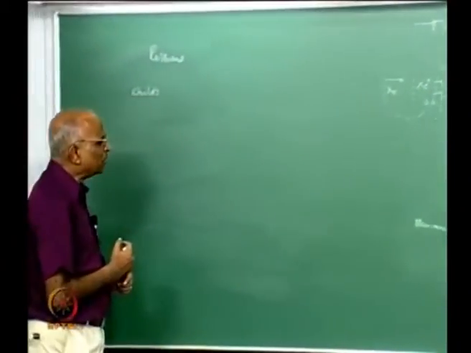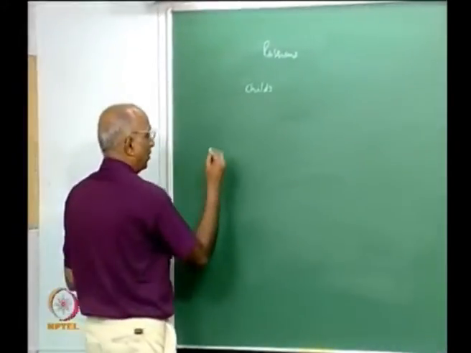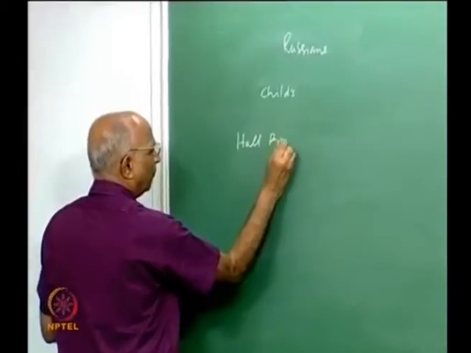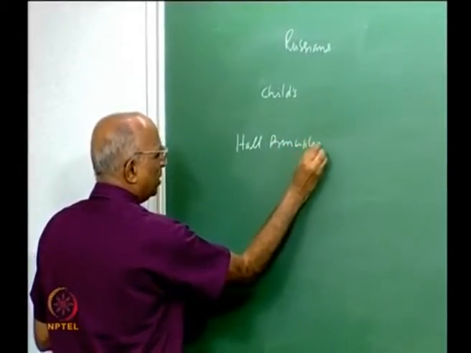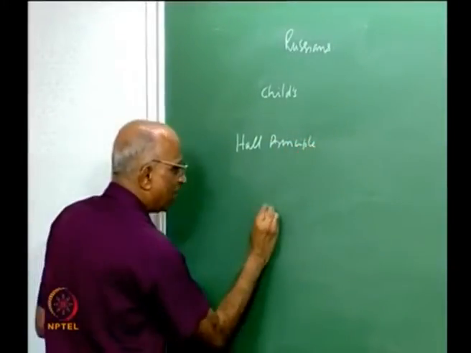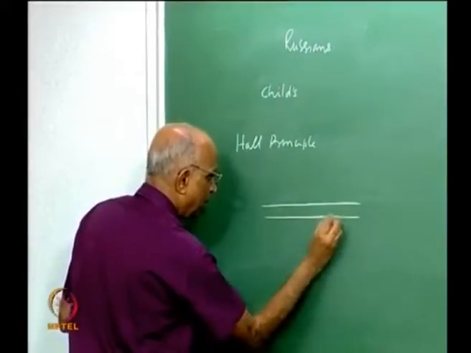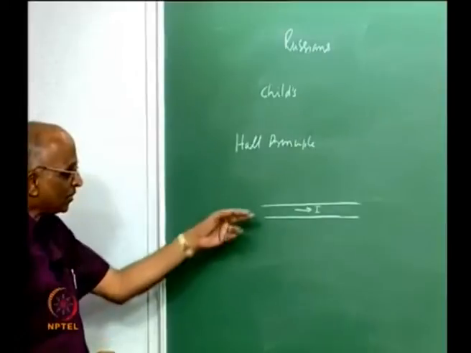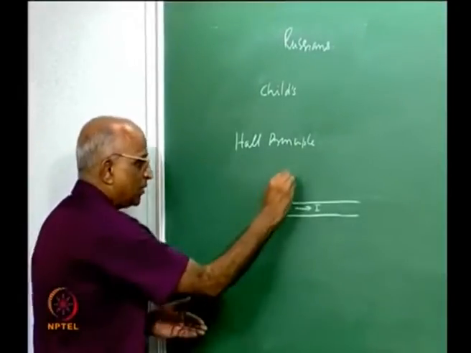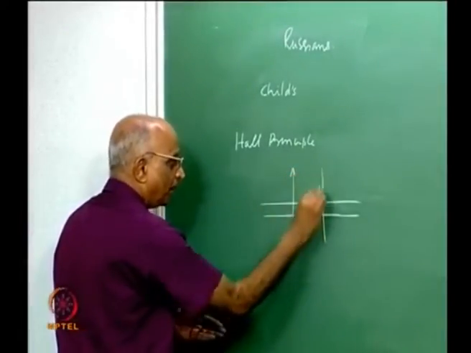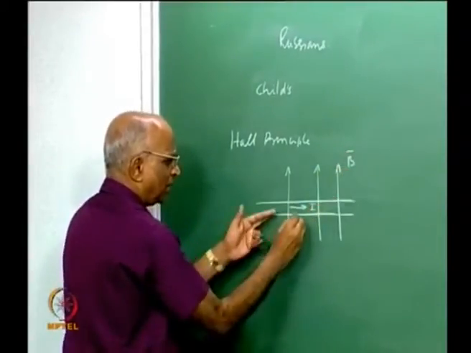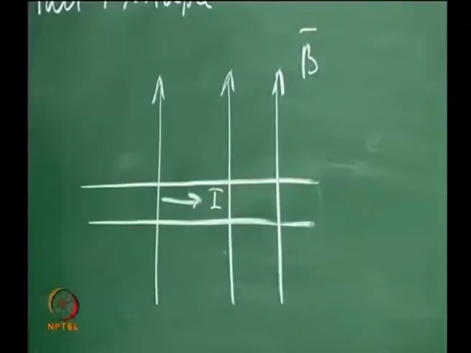Now, there is a principle in electrical engineering or in physics known as the Hall principle. What does this principle tell? Supposing I have a conductor. In the conductor I pass a particular current I, and this conductor is placed in a magnetic field which is perpendicular to it. That means I have so much Tesla normal to the current flow in amperes.